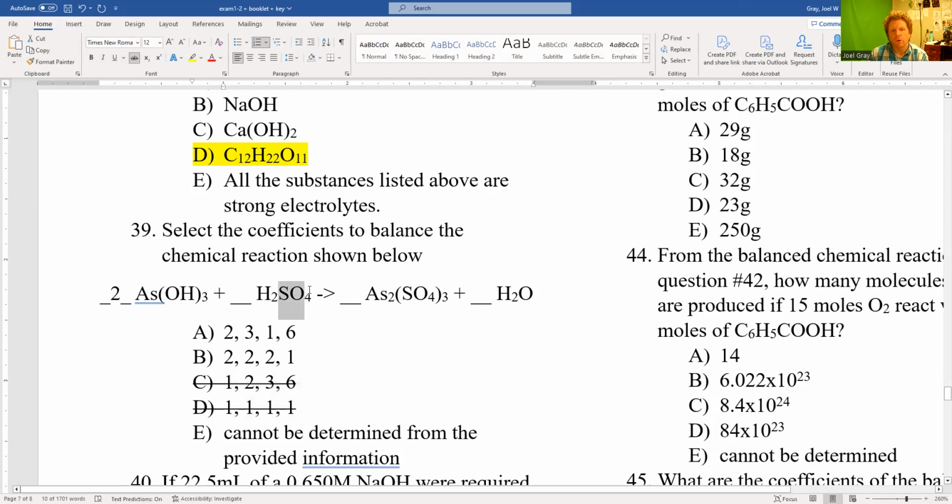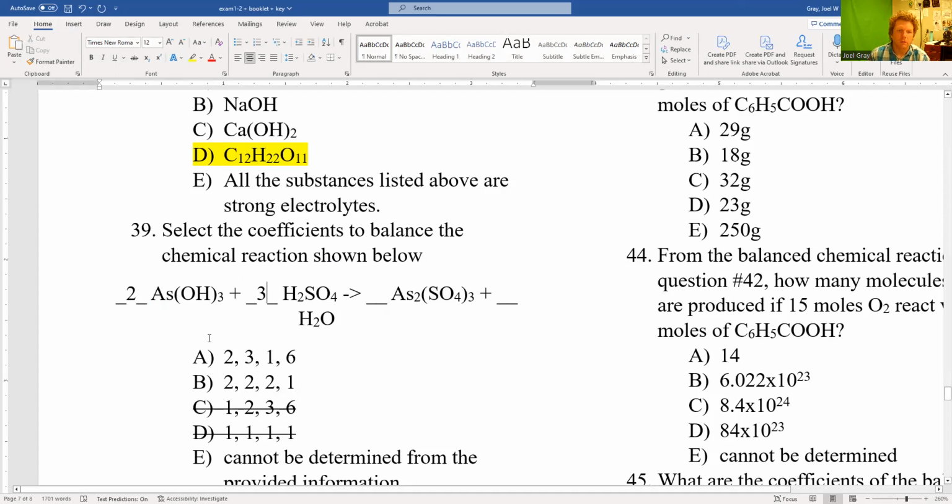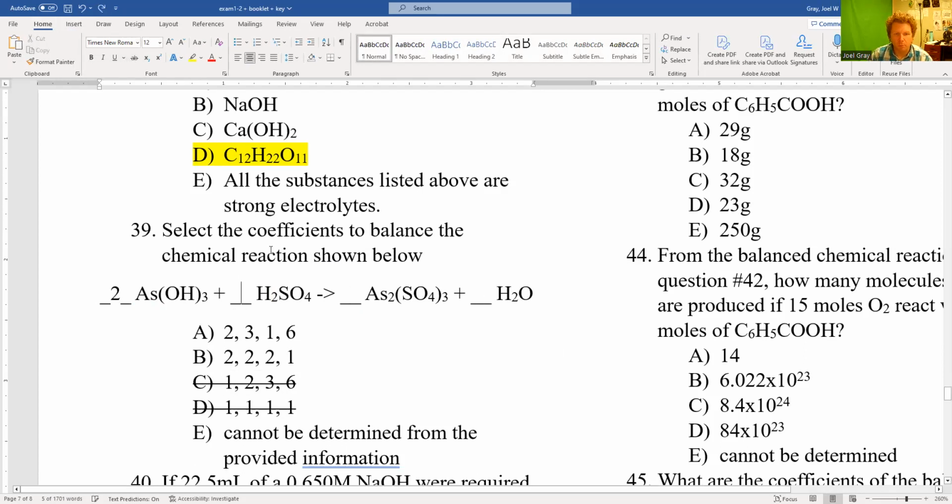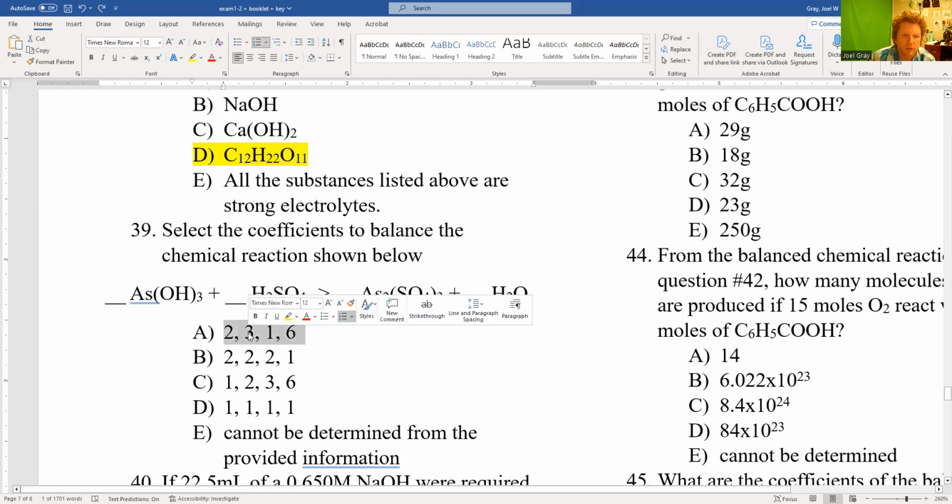SO4 is a polyatomic ion, sulfate. I've got 1 sulfate on the reactant side and 3 on the product side, so I've got to have a 3 right here. That eliminates answer option B, so I'm left with A. There are a couple of different problem-solving approaches, but at the end of the day, the correct answer for question number 39 is A.